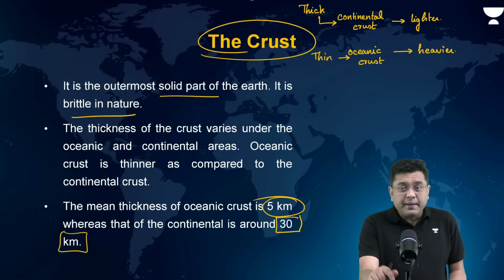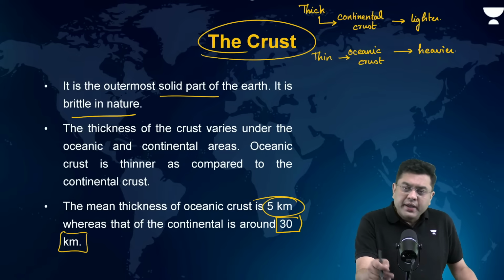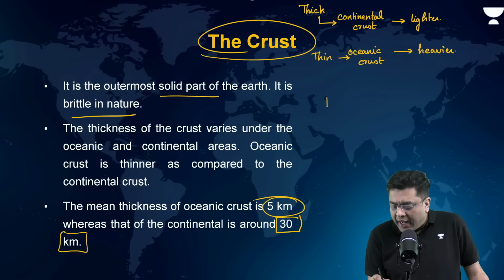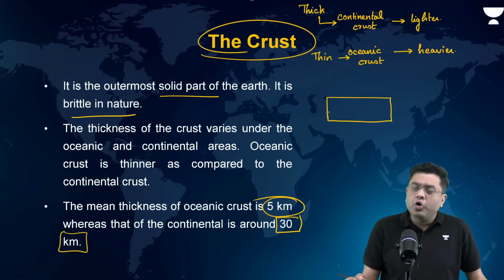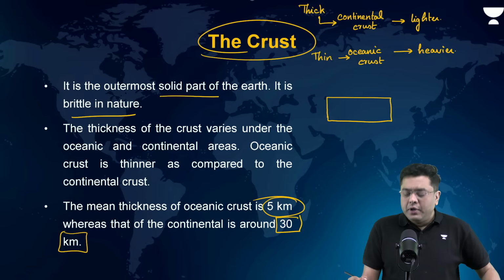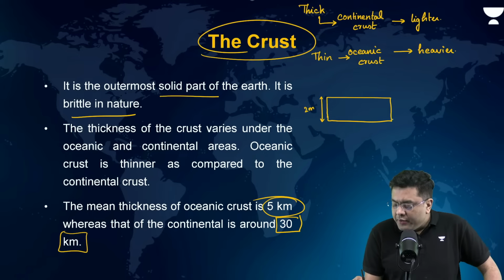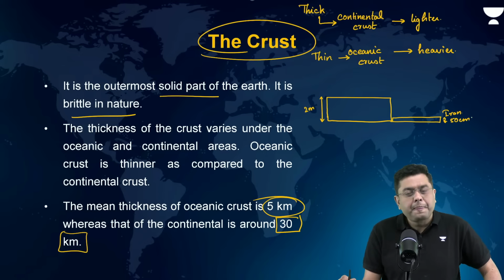Does it make sense? Think about it. It is very simple, guys. Imagine that you have a large block of thermocol, which is, let's suppose, 2 meters thick. And you have an iron slab, which is, let's suppose, 50 centimeters thick.